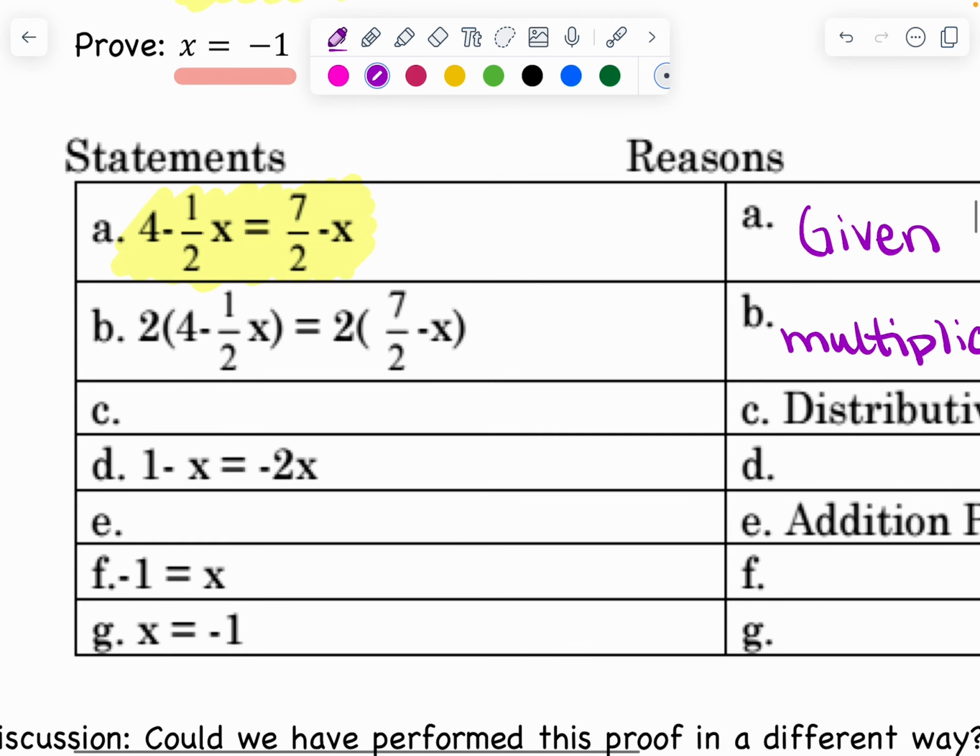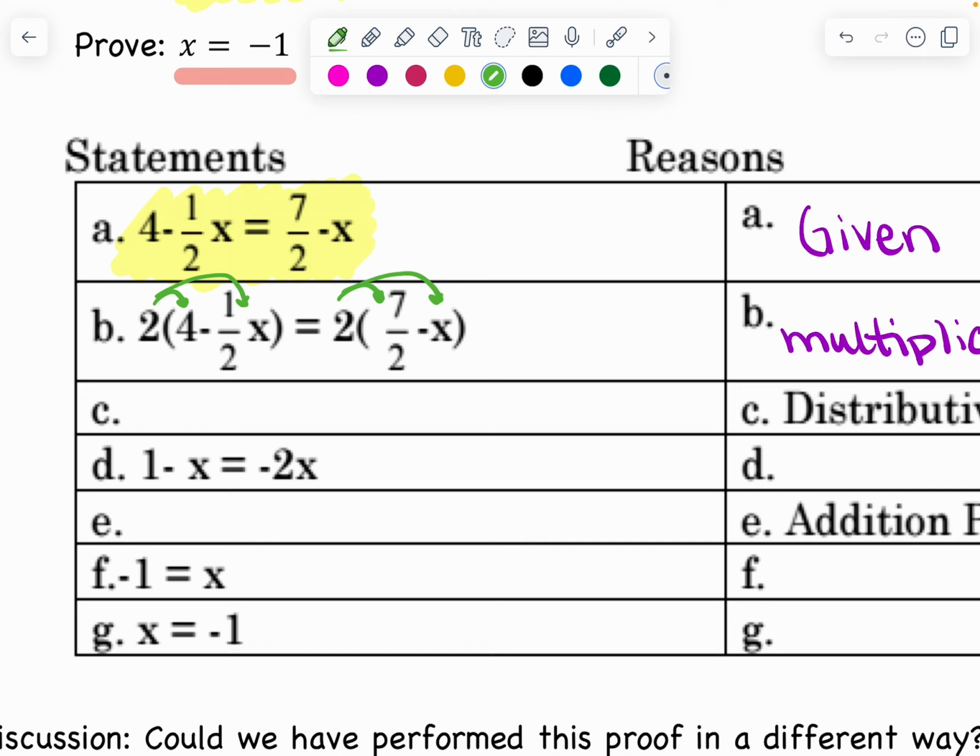And now you'll notice that when I multiplied by the 2 on both sides, I didn't just go ahead and multiply by 2. The reason is that these are binomials on each side. And I know that after I multiply by 2 on both sides, I am going to have to distribute to get rid of those parentheses.